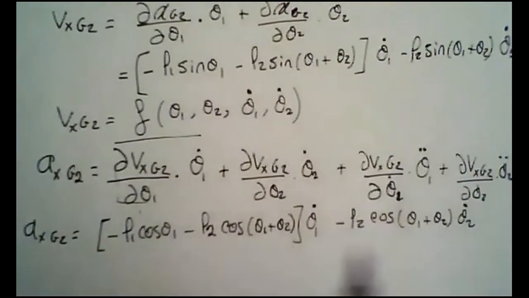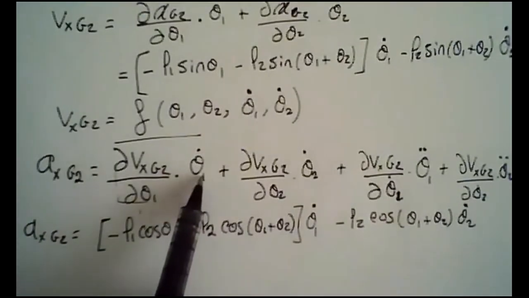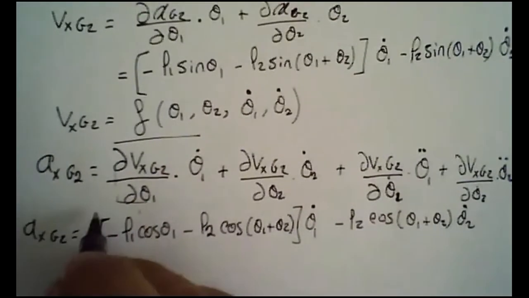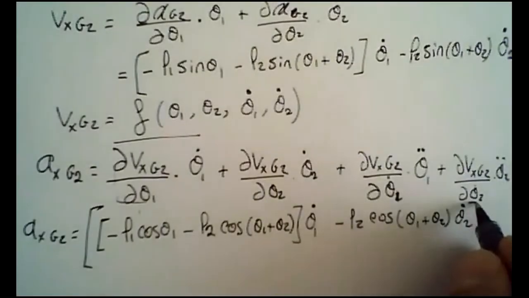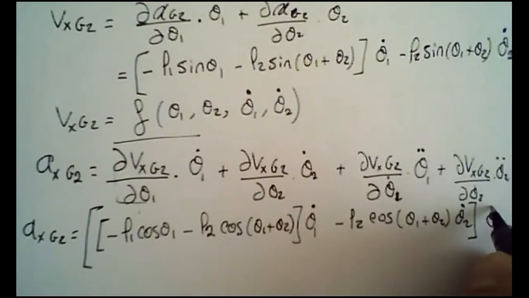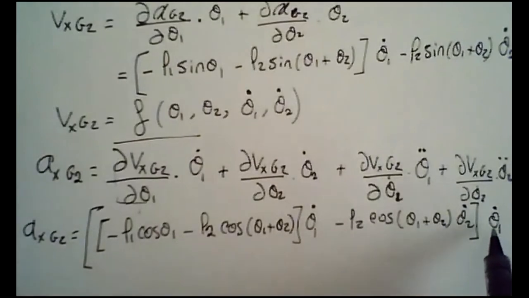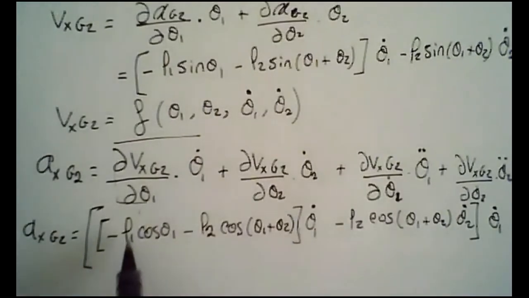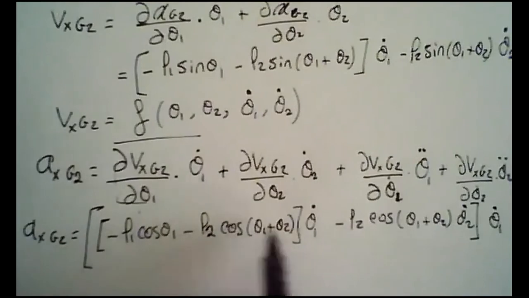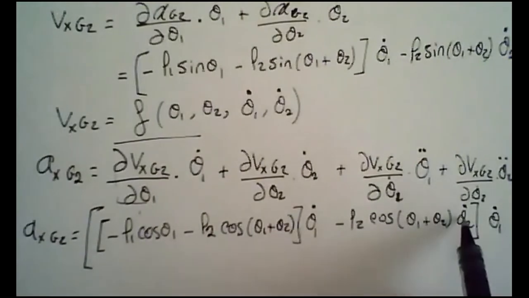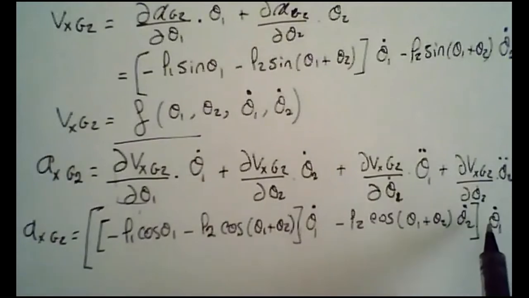And notice this whole thing is multiplied by theta 1 prime, so we have to put a parenthesis here, multiplied by theta 1 prime. Those of you who can, try to see what is happening here: theta 1 prime multiplied by theta 1 prime is actually your centrifugal component, the centrifugal acceleration, theta 1 prime squared. So we have some other combined dynamics happening here.